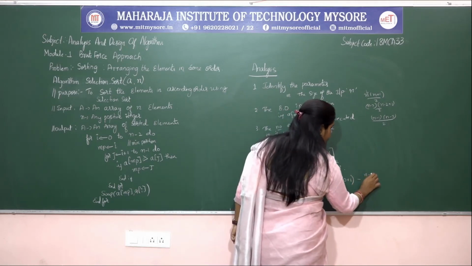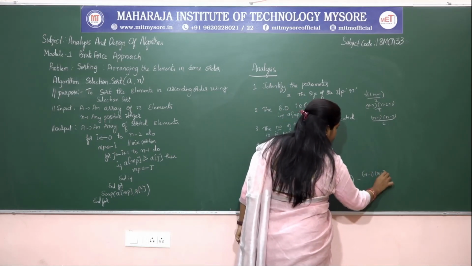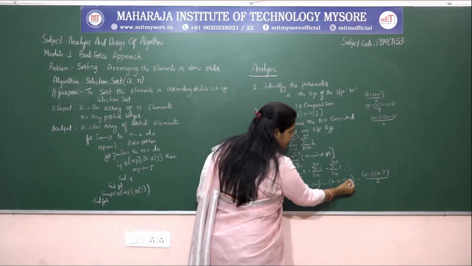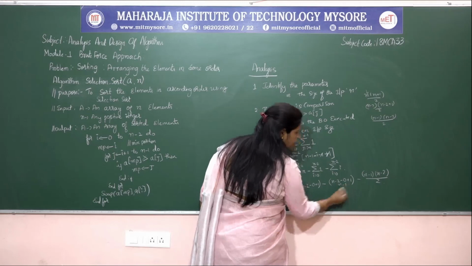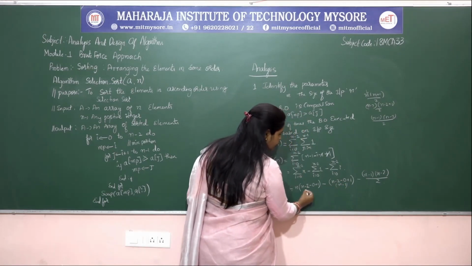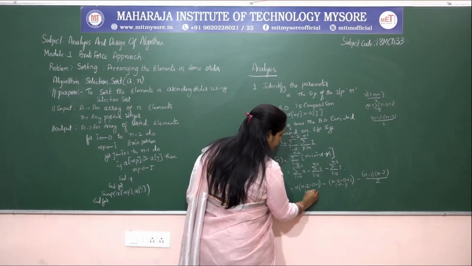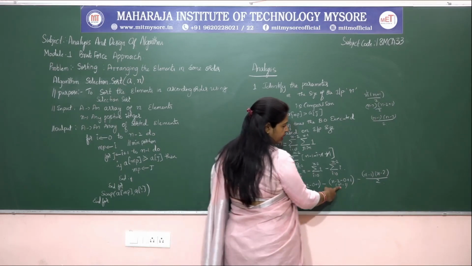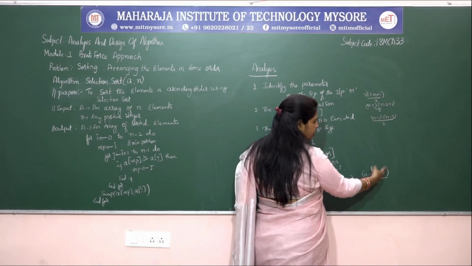You will get n minus 1 into n minus 2 divided by 2. Here n minus 2 plus 1 will become n minus 1, right? So if you consider this one, here also n minus 1. So you have n into n minus 1, minus n minus 1 into n minus 2.